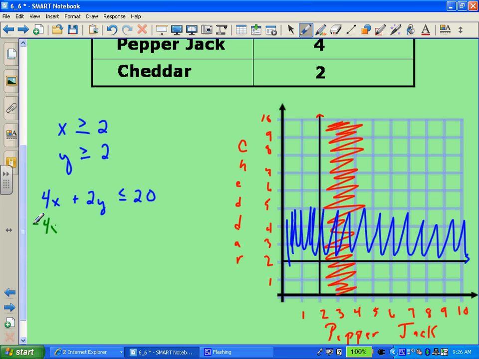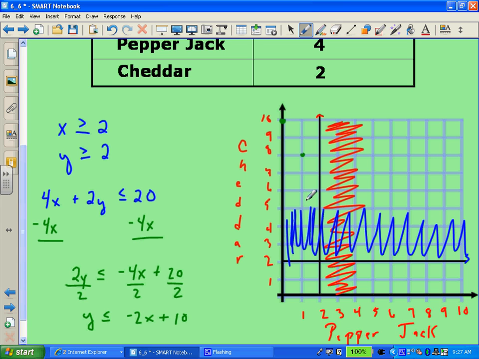Okay, now I have to graph the third line. Before I can graph it, I have to put it in slope-intercept form, so let's go ahead and do that. So I have 2y less than or equal to negative 4x plus 20. You have to divide by 2. So I get y less than or equal to negative 2x plus 10.